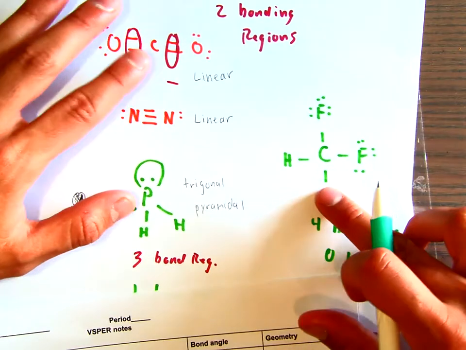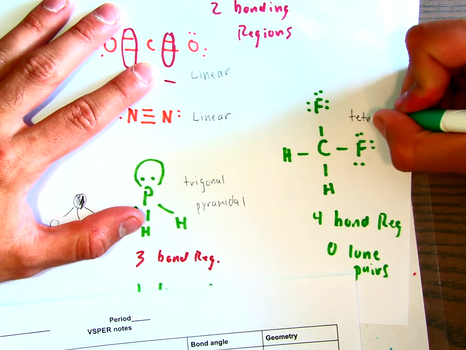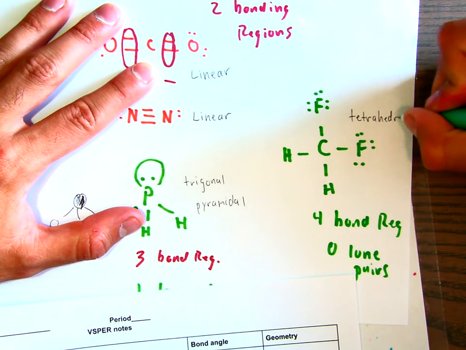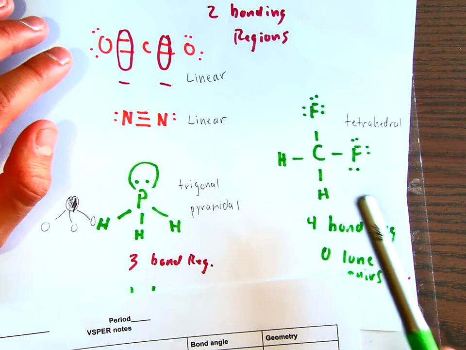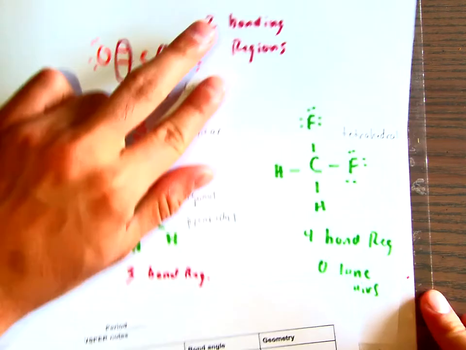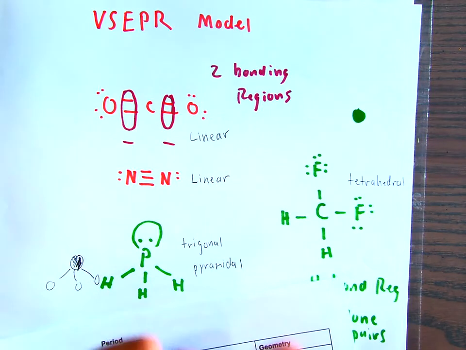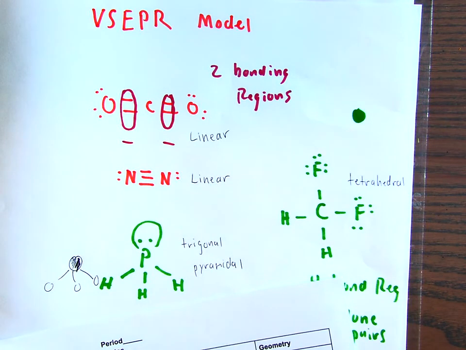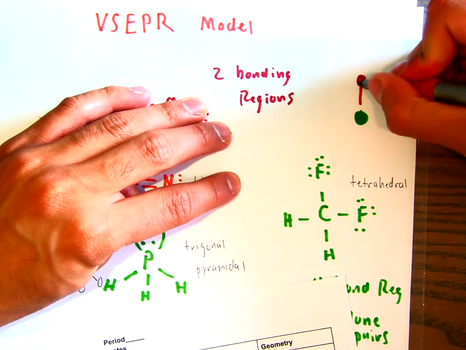So this compound here would be tetrahedral. Okay. If I were to ask you to draw that, well, let's say I represent carbon with green, and then I represent my hydrogens with red.